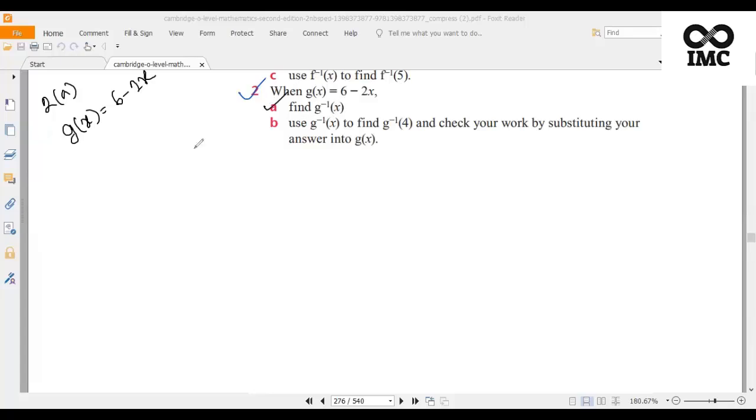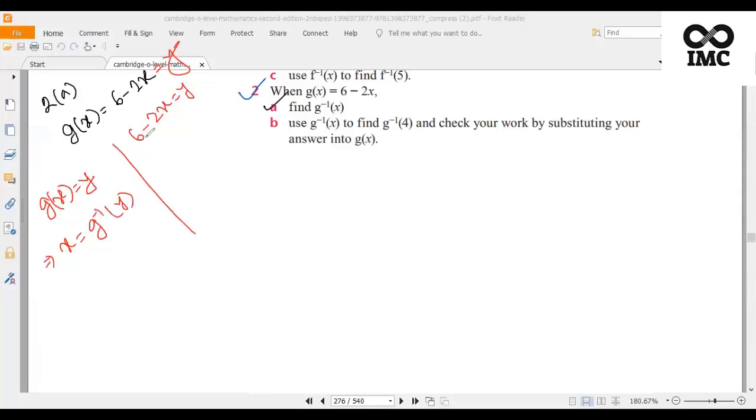Okay, so at first let g of x equal to 6 minus 2x equal to y. Then we can write two equations from here. One is g of x equal to y, and another one is 6 minus 2x equal to y. So if g of x equal to y, then x can be written as g inverse y.